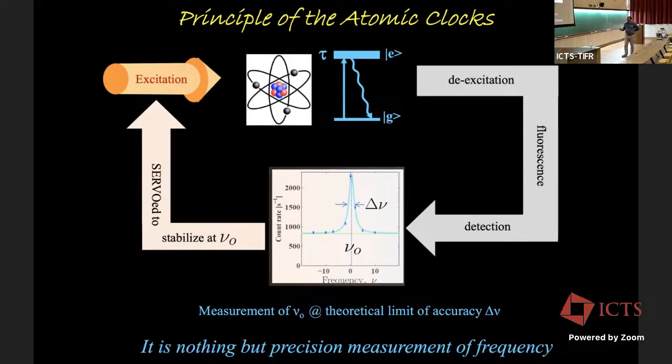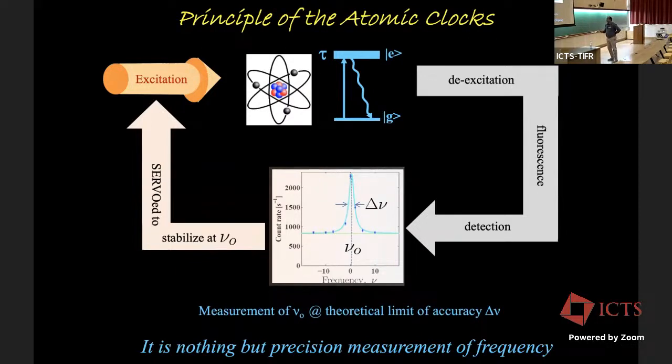One is the central frequency corresponding to the maximum of the line shape, which is nu0, and the other is the line width, which is delta nu. So, roughly speaking, we are able to measure the central frequency with an accuracy of delta nu. Actually, one can do much better than that, which I will come to. But for now, you can measure the central frequency with the best accuracy of the line width of this transition, delta nu.